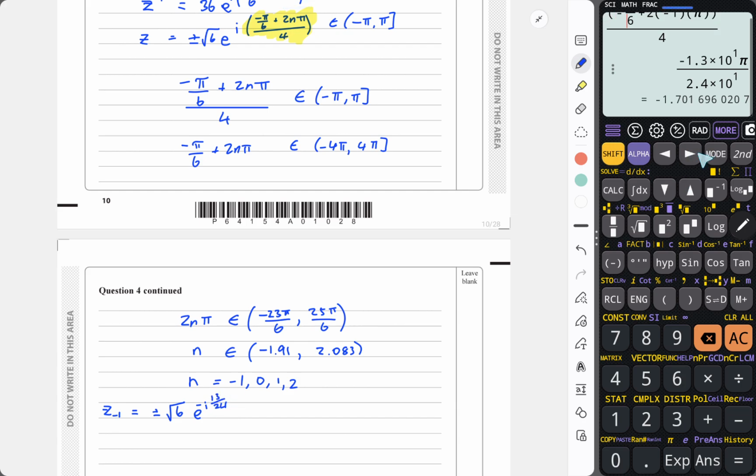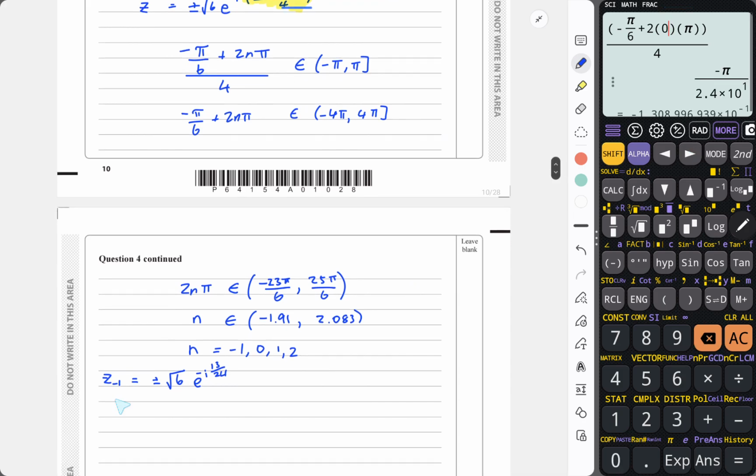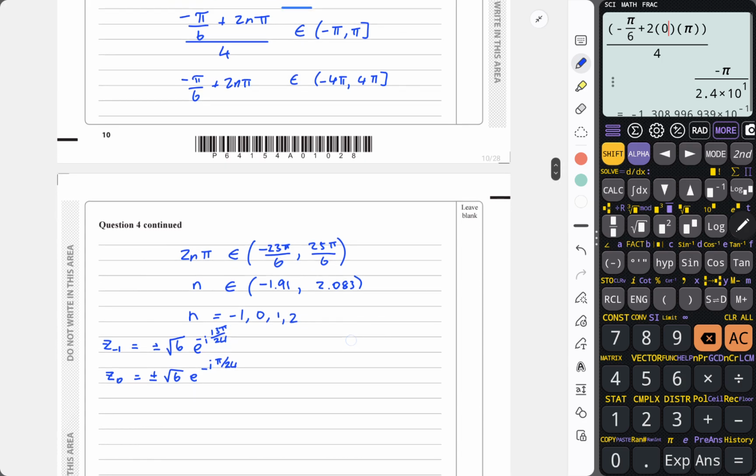Then I just need to go back and change the -1 to a 0. That gives me minus pi over 24. So z when n was equal to 0 is plus or minus root 6 e to the minus i pi over 24. I think I missed off pi here, so I put that back on. Then I add n equals 1.